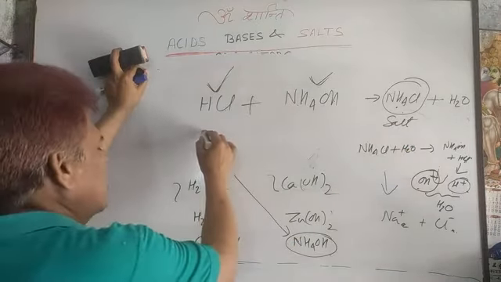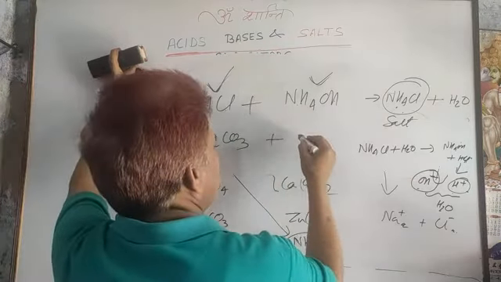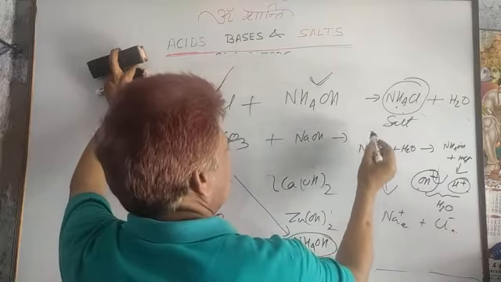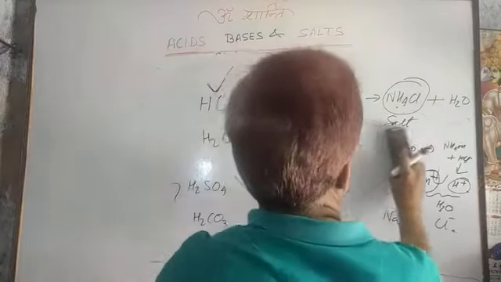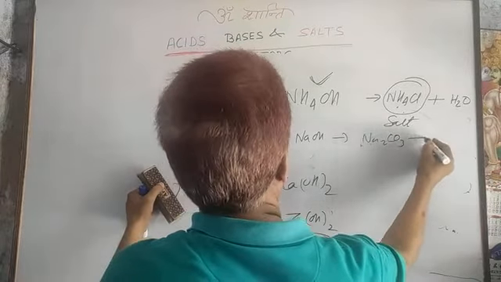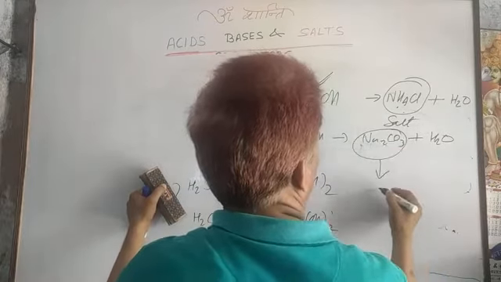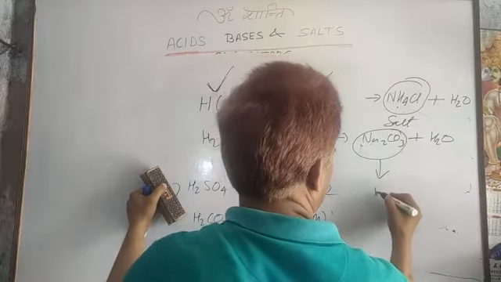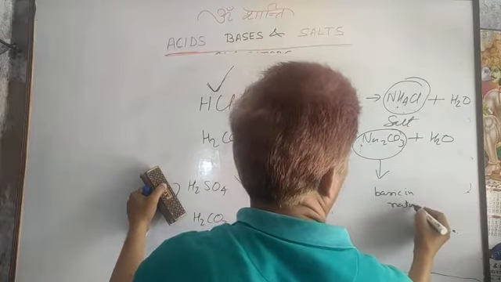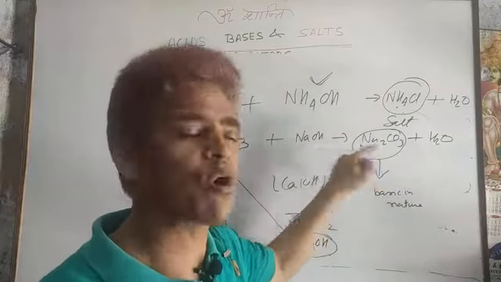Similarly, if you take the weaker acid, carbonic acid, and the stronger base, sodium hydroxide, the salt obtained is sodium carbonate and water, and sodium carbonate salt comes under basic in nature. So, that is also known as basic salt.